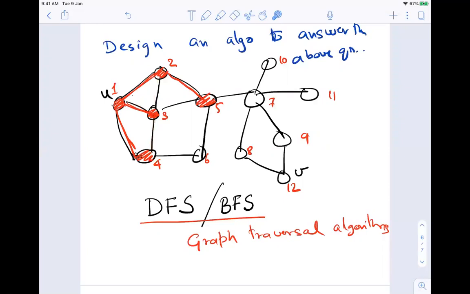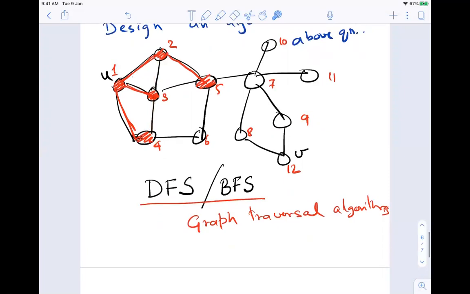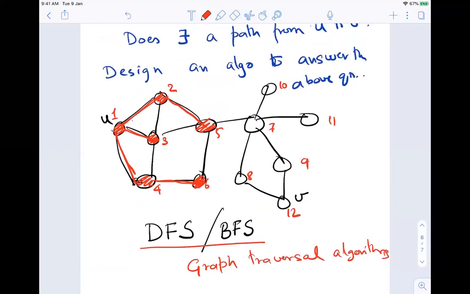In 4, edge 1 is marked, edge 3 is marked, but edge 6 is not marked. Now, out of this 2, 3, 4, 5, 6, the next vertex that I had kept was number 5.